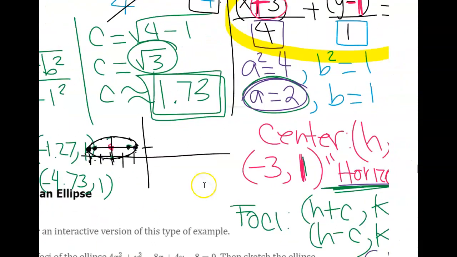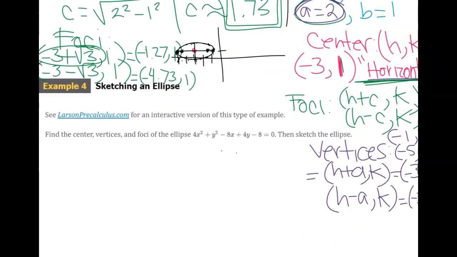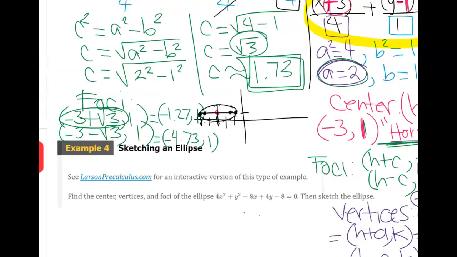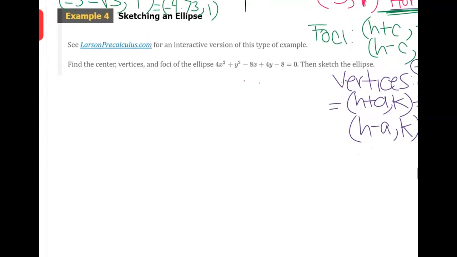So we're going to get back to the slides, and I know I have another problem here. I don't want to do the whole graphing process. However, I just want to do the completing the square one more time, because I know people tend to struggle with that. So we have the equation here in general form.